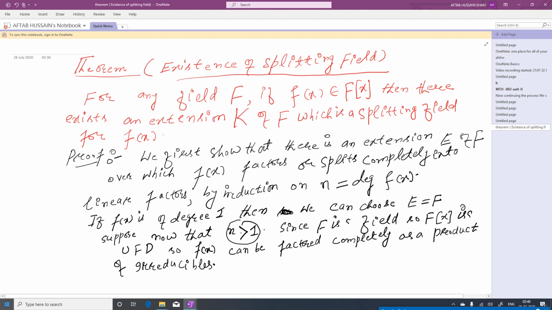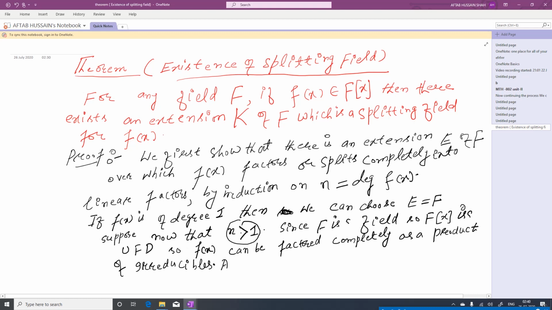Again, if all the irreducible factors are of degree 1, then we can choose E as F.